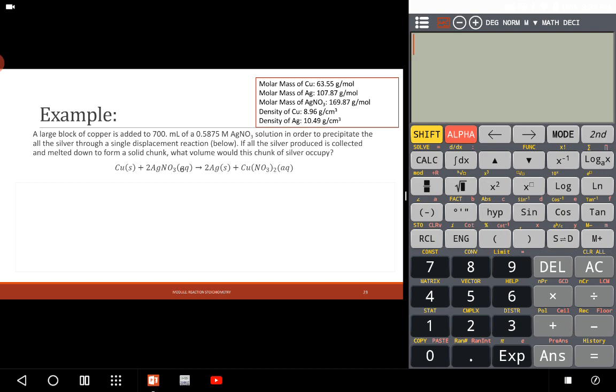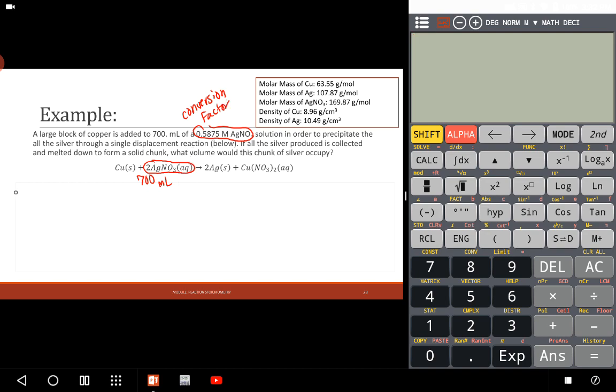So we are given information about this substance, which is 700 milliliters of 0.5875 molar. So I know that this must be a conversion factor that's going to help me get into moles.